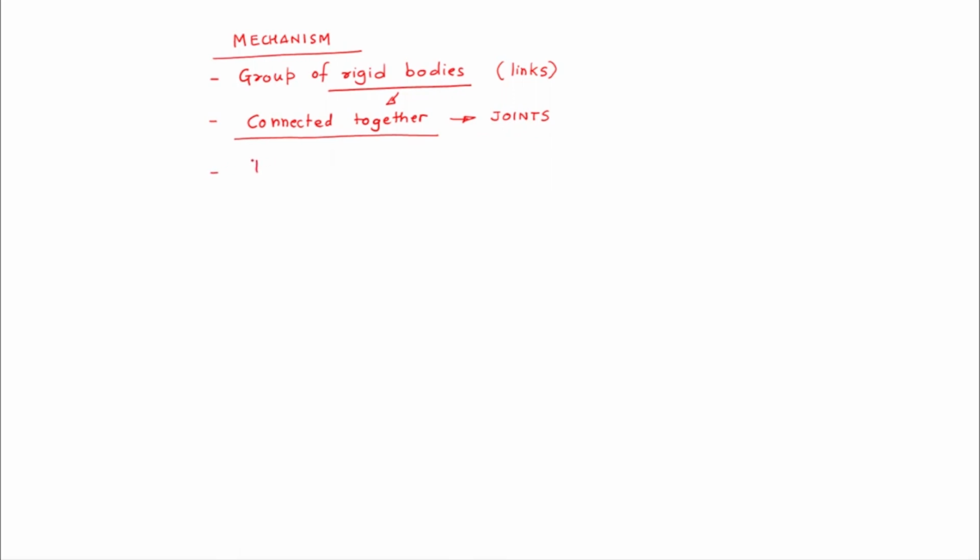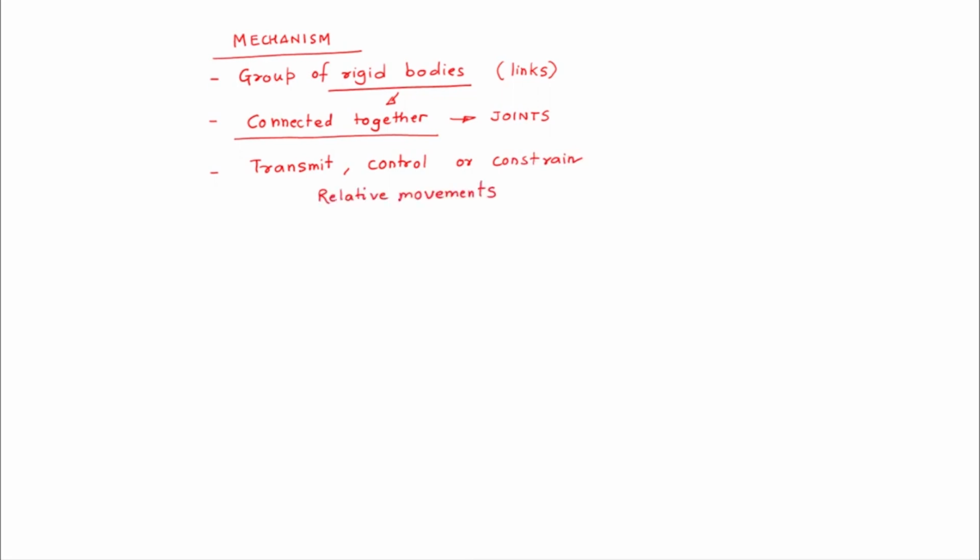The group of rigid bodies which is connected together by joints are performing certain operations. So what are the operations they are performing? They are transmitting, controlling, or constraining the relative movements among themselves.